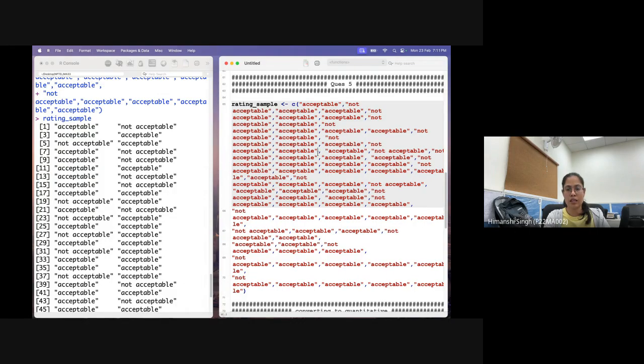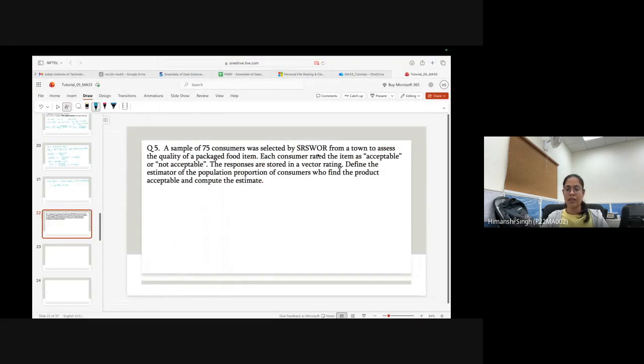Previously I've discussed that in order to do some statistics, and in this question also it is asked to define the estimator of the population proportion of consumers who find the product acceptable and compute the estimate. So basically, they want to know the estimate of the population proportion of those consumers who are saying that the product is acceptable.